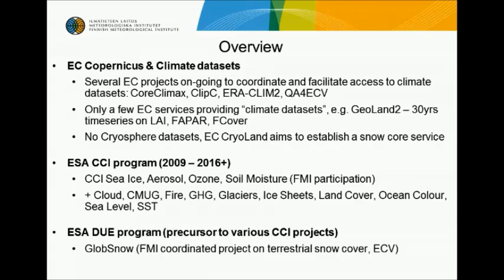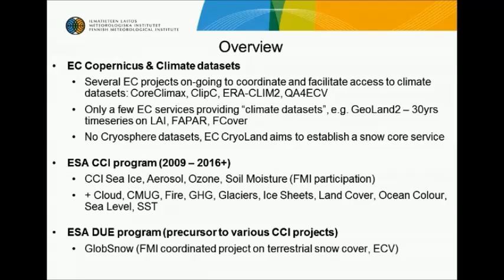I found that, for example, GeoLand 2 provides some climate datasets, for LAI, FAPAR, and fraction of vegetation cover. There are no cryosphere-related datasets from ESA, but there are several from the ESA CCI program, which is the Climate Change Initiative program of ESA.